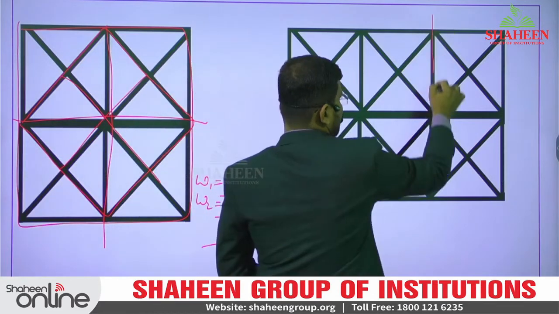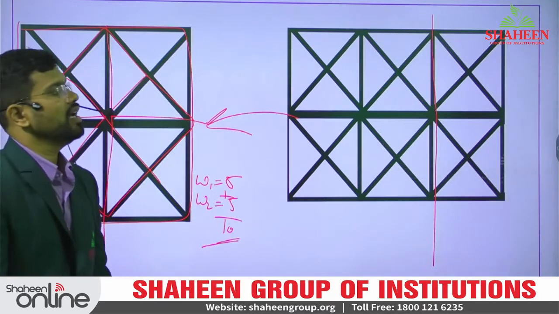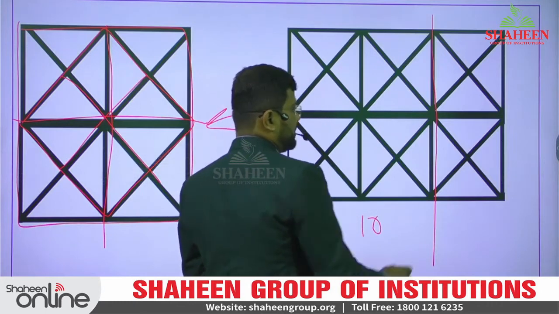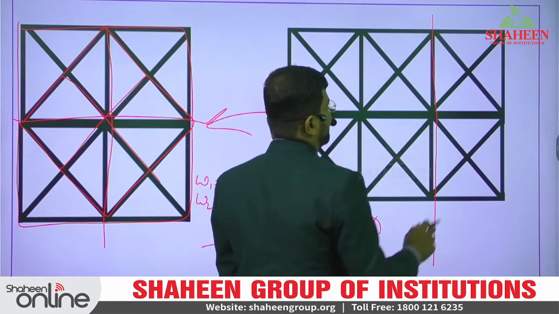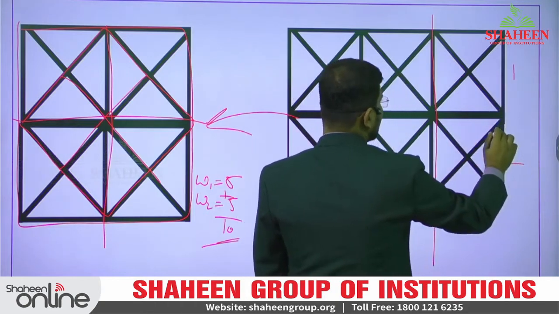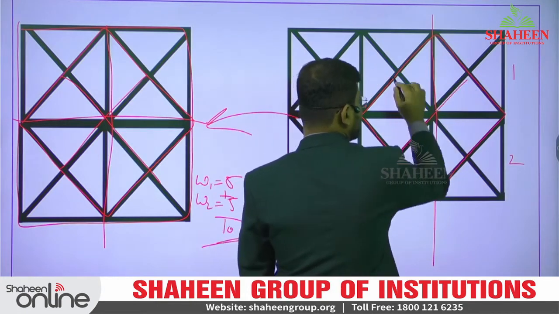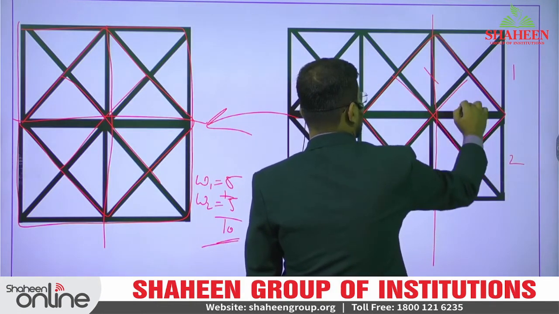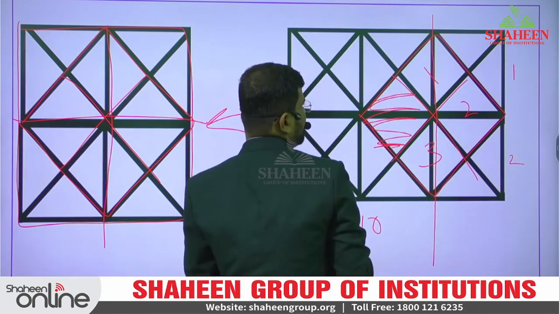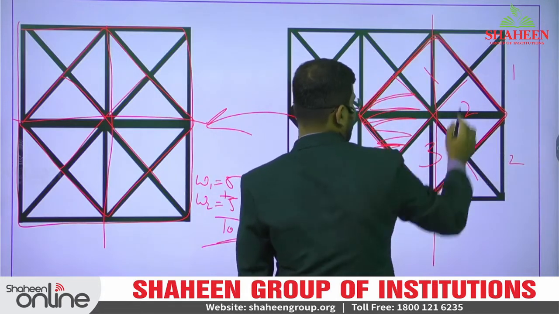Look at friends here. Up till here this is similar, and how many are there? This is 10, so directly I will write 10. Look at here. This is 1, this is 2. Now look at here. This is a window. So this is 1, 2, 3. This is already overlapped, so I need not count it again, 1, 2, 3 and the outer one, so 4.